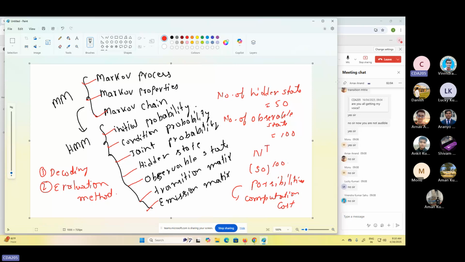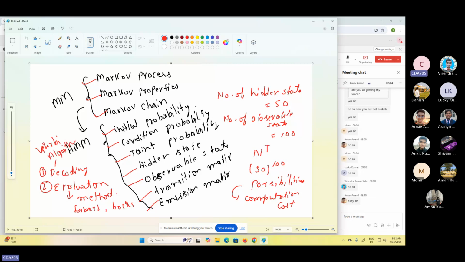In the evaluation method, we use three concepts: forward, backward, and recursion process. And for decoding, we use the Viterbi algorithm.